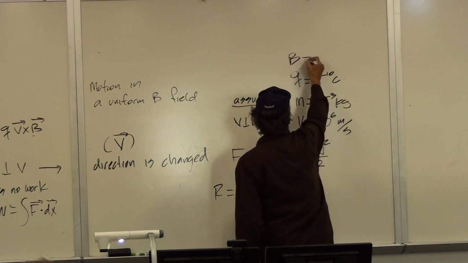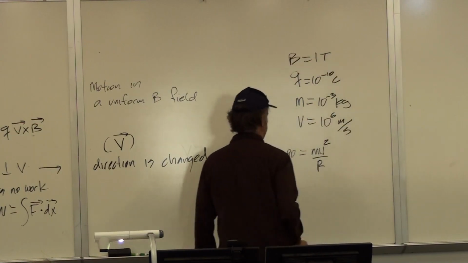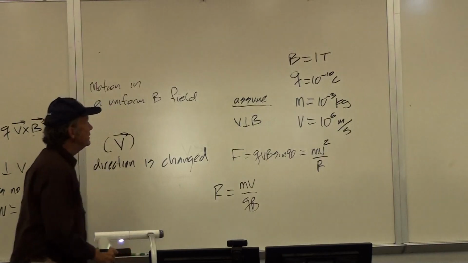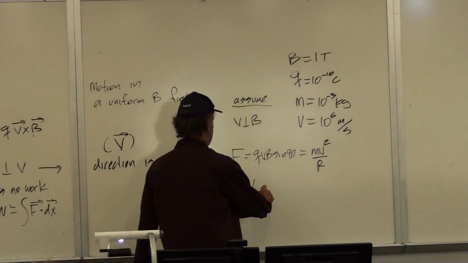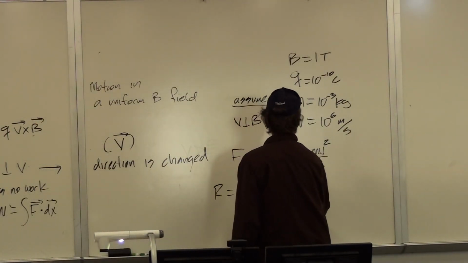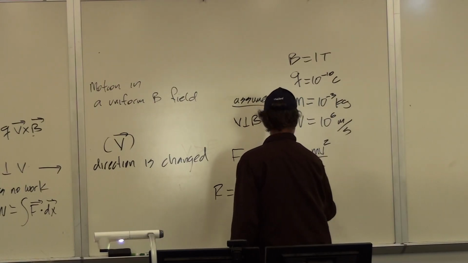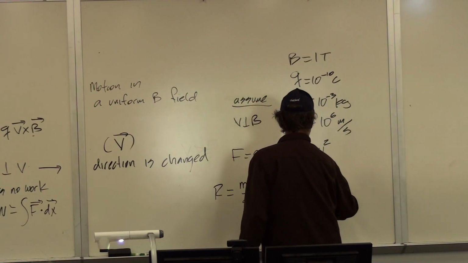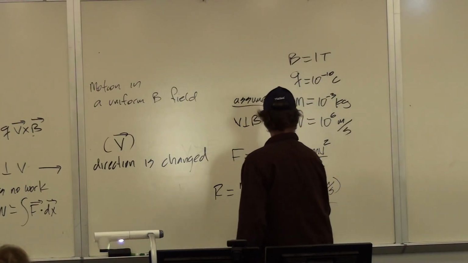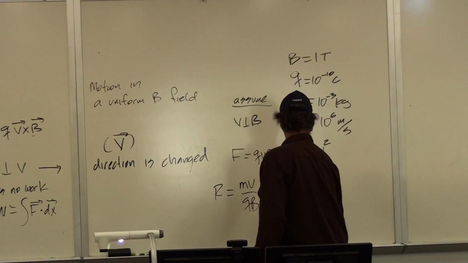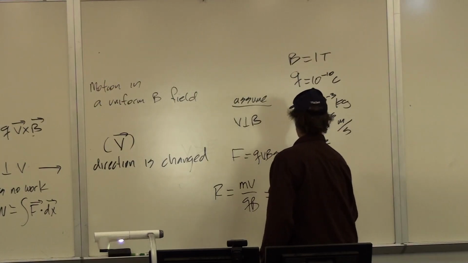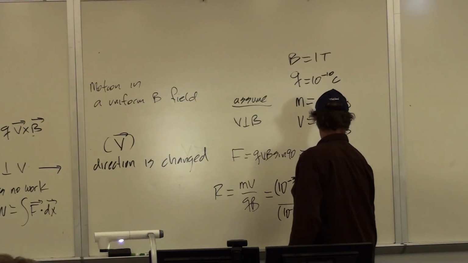And the magnetic field equals 1 Tesla. Then we could find the radius of that circular path. That would just be equal to m, 10 to the minus 3 kilograms, times v, 10 to the 6 meters per second, divided by 10 to the minus 10 coulombs times 1 Tesla.